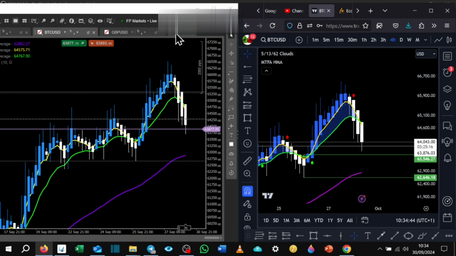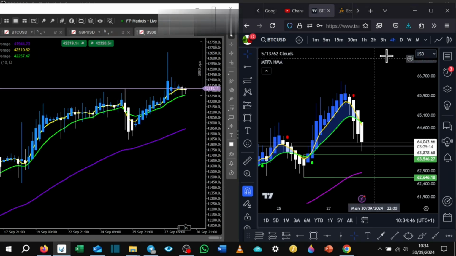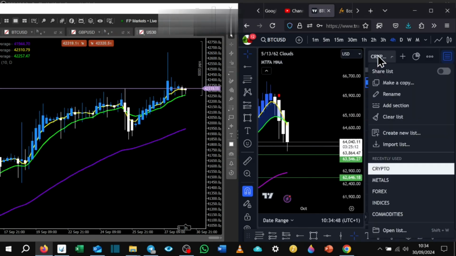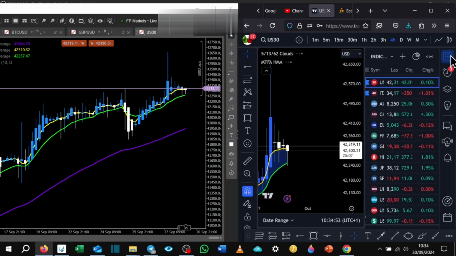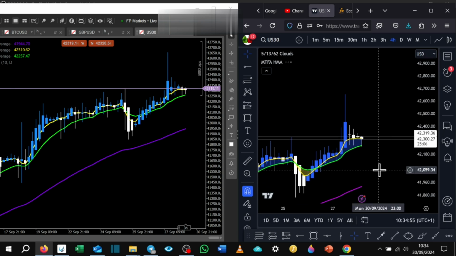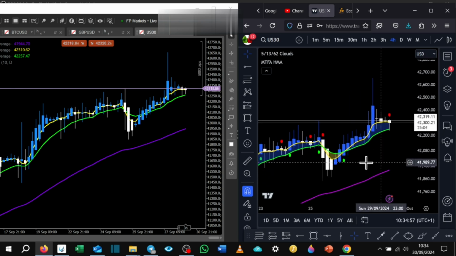Let's have a quick look at US 30. US 30 is 42320, 42300.